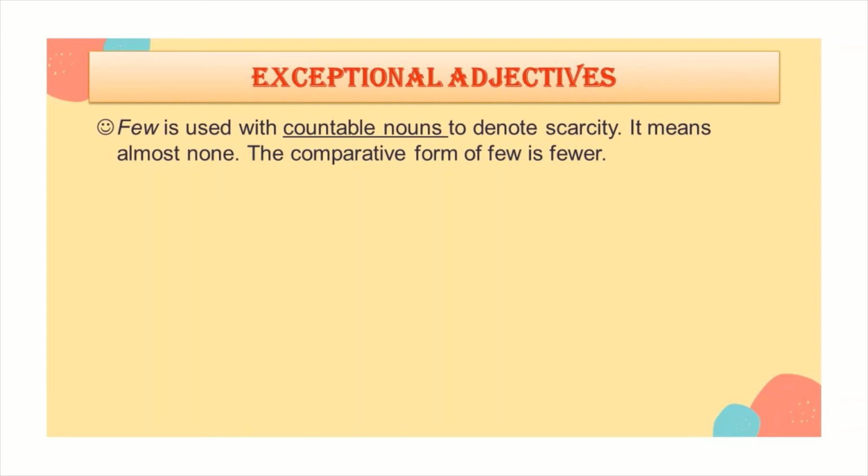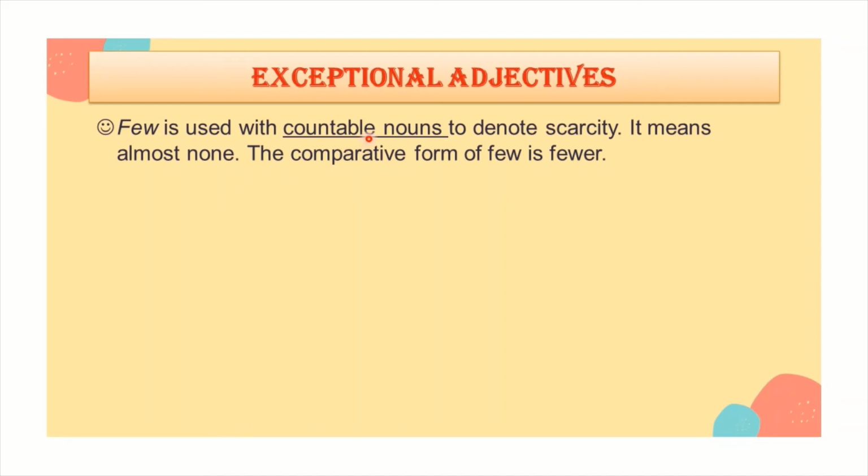The comparative form of few is fewer. The word few is an adjective. Okay, it's given in your textbook but the explanation is not given. Few is an adjective and it can be used with countable nouns.